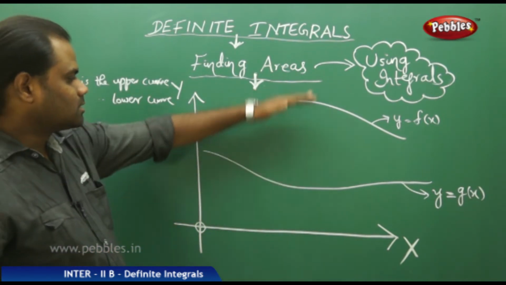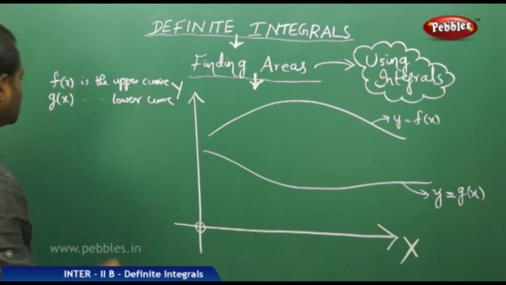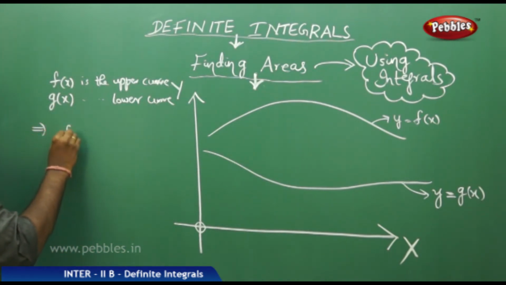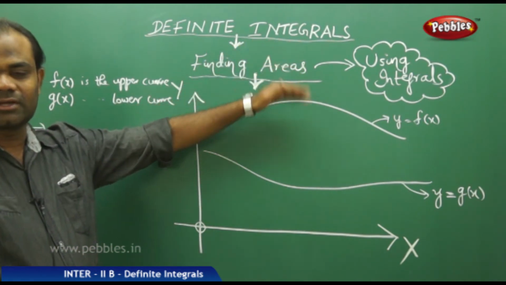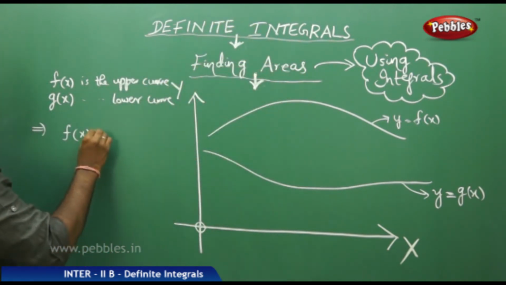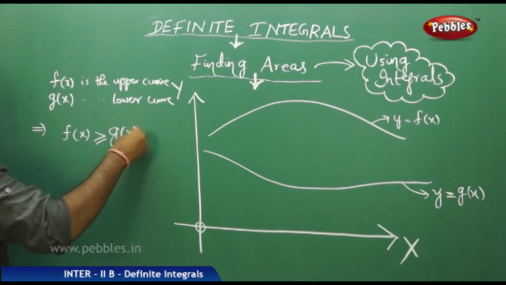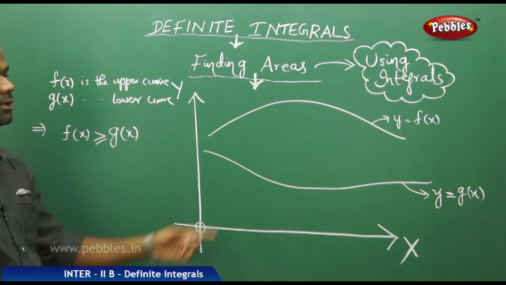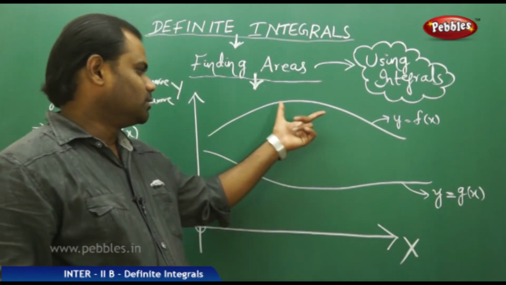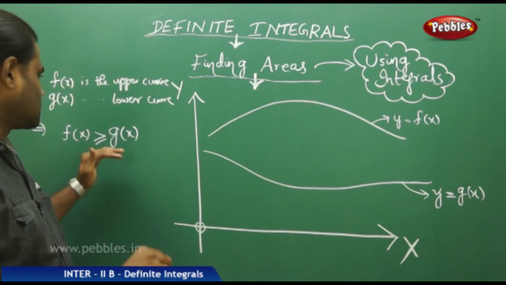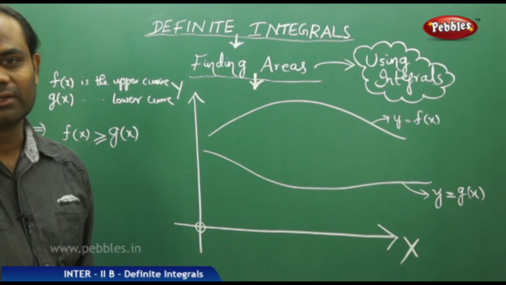When we see this, this is upwards and this is downwards, and therefore this implies f of x is always above g of x, that is, f of x is always greater than or equal to g of x, but here it is strictly greater than. So in this case, this being greater than this is the condition through which we are going to define area between the bounds.